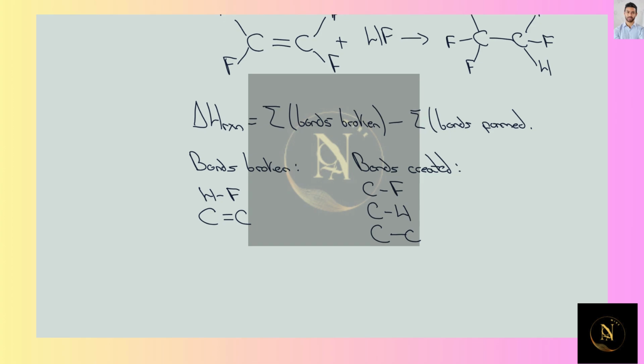So, if we look at the table that you provided, the HF bond corresponds to 568 kilojoules per mole. The carbon double bond carbon is going to be 620 kilojoules per mole.